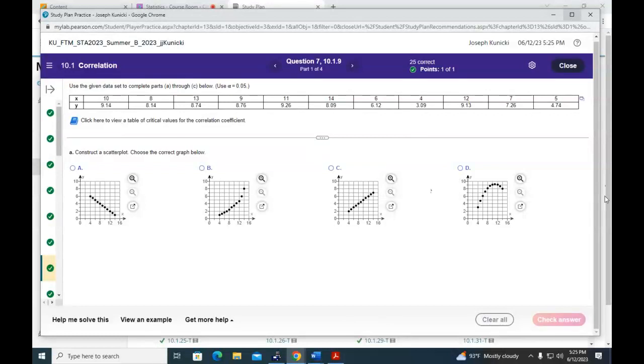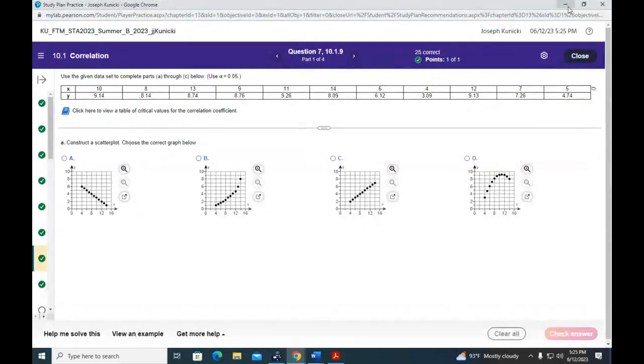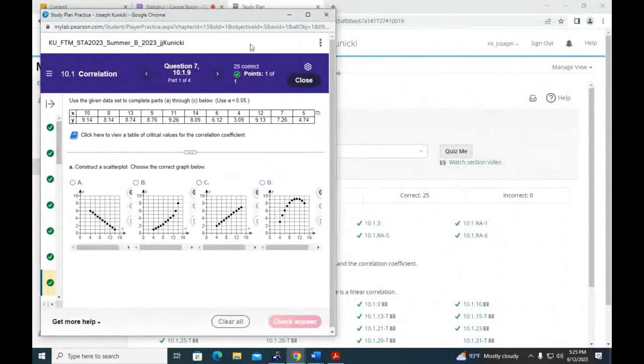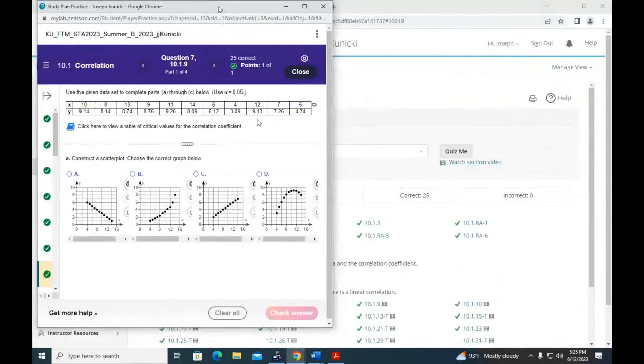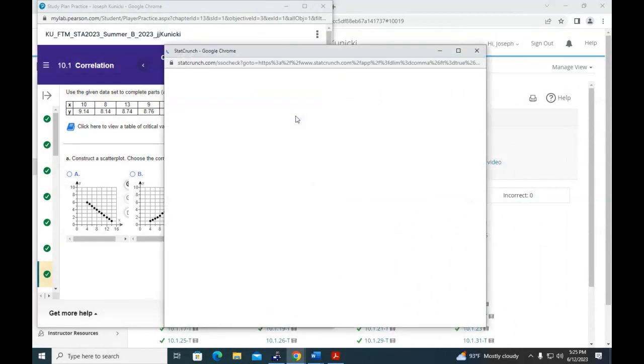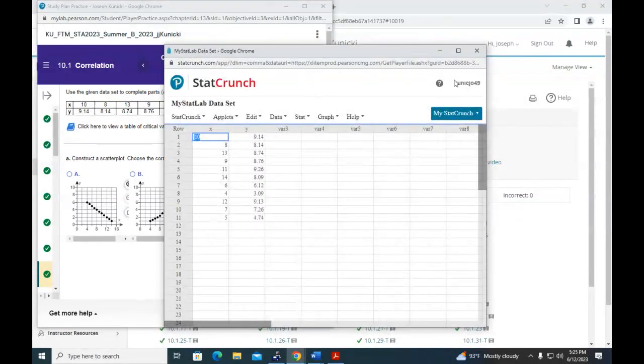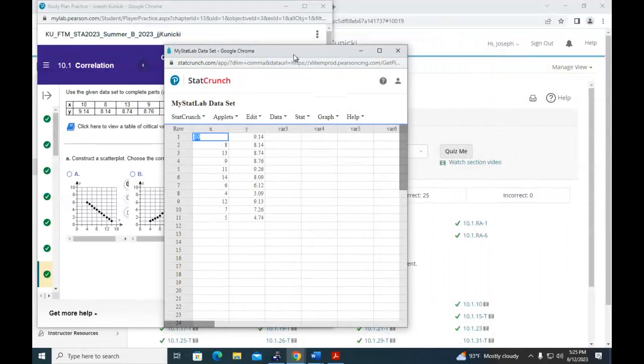All right, so here's the deal. This is the X and Y. They want us to find the scatter plot. So remember how we did this. We go to StatCrunch. So we got our X's and Y's.